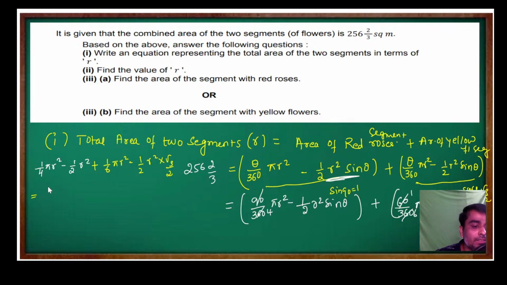Finally we substitute and simplify: half r square, 1 by 6 pi r square minus root 3 by 4 r square, is equal to 256.66, 2 by 3.